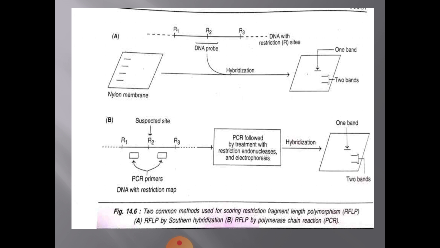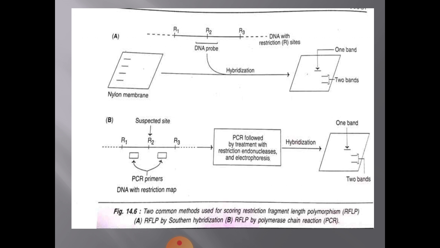Let us see the slide now. You concentrate on figure A, okay. So the common methods used for RFLP analysis, this method A is by southern hybridization. You can see here a DNA piece containing three restriction sites, R1, R2, R3, right? DNA with restriction sites. Now for this what you will add?